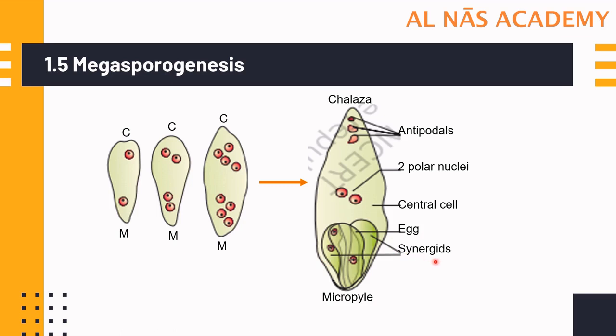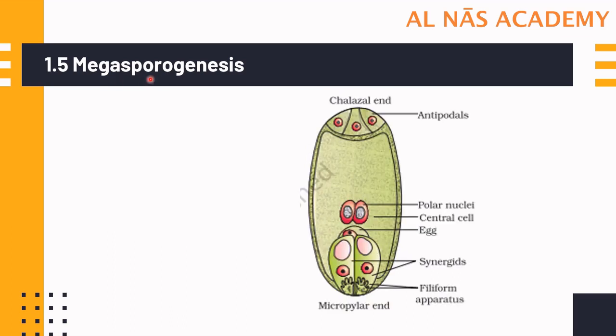These synergids have hair-like projections which guide the pollen tube towards the egg. The egg is an enlarged cell. Now this complete apparatus, that is 2 synergids and 1 egg, is called the egg apparatus. The 2 nuclei at the center are called polar nuclei.